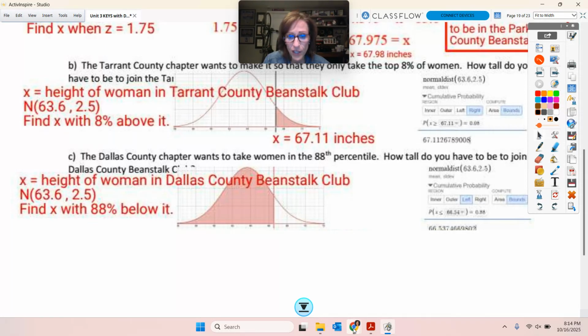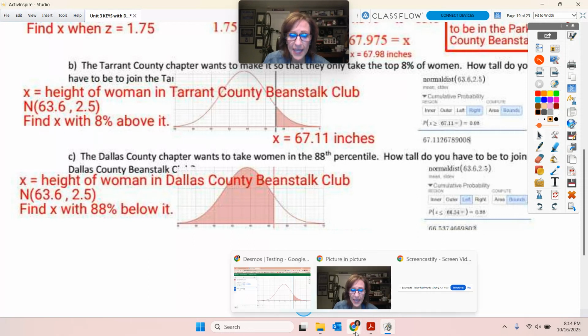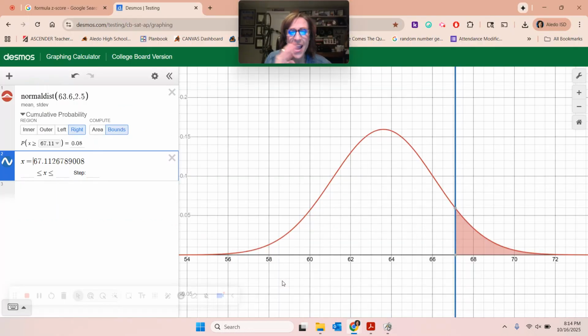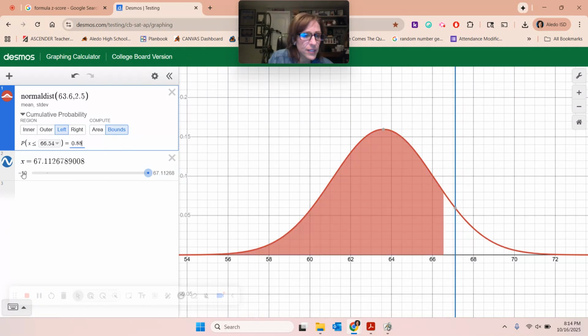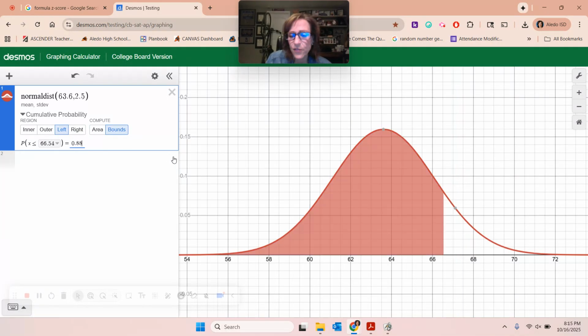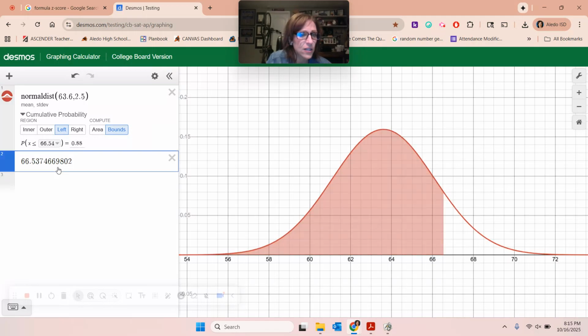So I'm going to come over here to DESMOS and do the same thing. But instead of the top 8%, I have left 88%. So I'm going to go 0.88 to the left. And so there it goes. And I can then come on down here and see that whole value, 66.53.